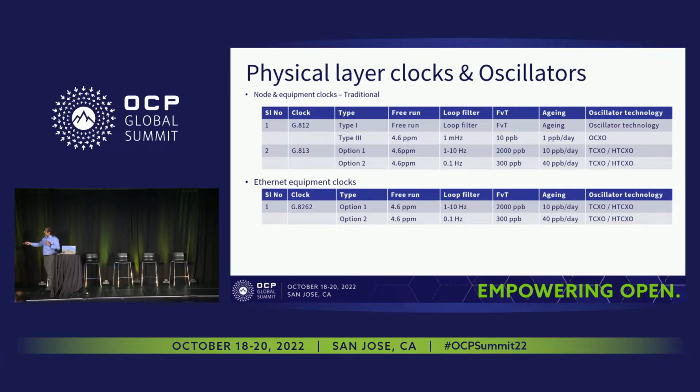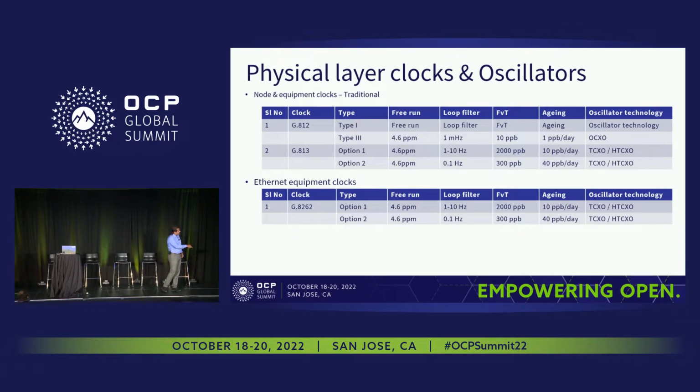And then accordingly, we can look at certain oscillator technologies based on the capability of the oscillator technology today. For example, if you are looking at, say, synchronous Ethernet, we are saying that the loop bandwidth needs to be in the range of 0.1 to 10 hertz. And in order to get a certain level of error, you need to have probably a TCXO or a hybrid TCXO level of technology which has these features.